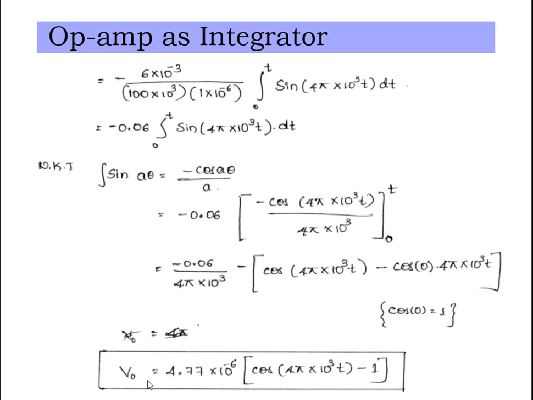Therefore Vo is equal to, solving this, minus into minus becomes plus, 0.06 divided by 4 pi into 10 to the power of 3, which comes to 4.77 into 10 raised to minus 6, times cos of 4 pi into 10 to the power of 3 t minus cos of 0, which is 1. So this is the solution for the given problem.